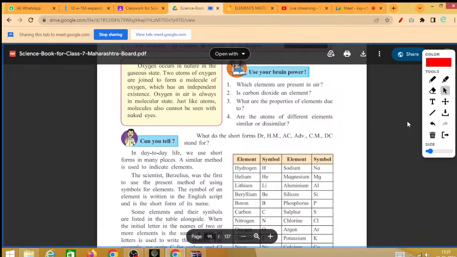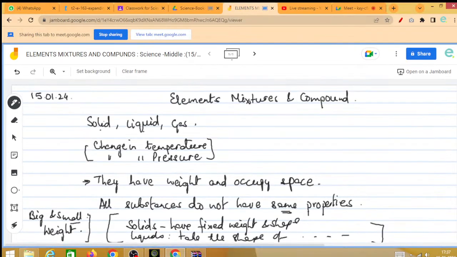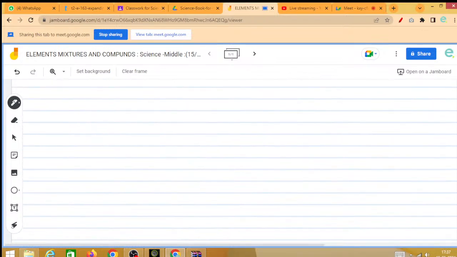What are the properties of elements due to? Can you explain that question? Different elements have different properties, right? Yes, ma'am.